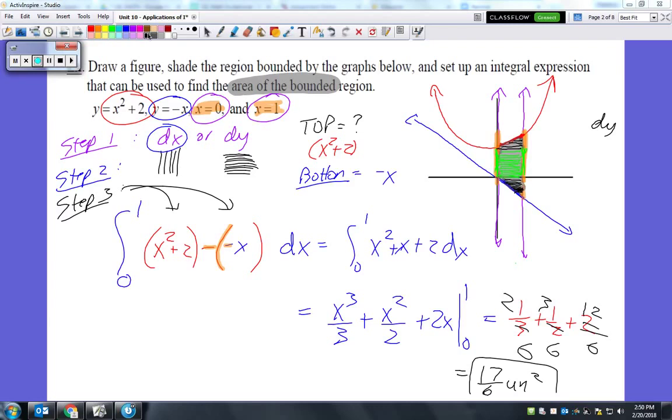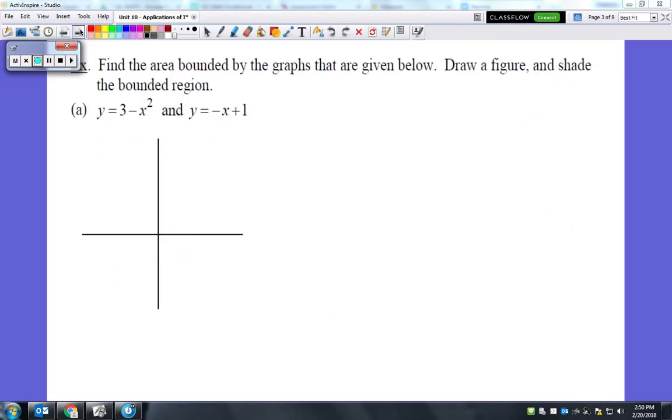Okay? Alright. Let's do this one. We have 3 minus x squared, which is a quadratic that's been flipped down and shifted up 3 units. Okay, let me draw that a little bit better. And then we have negative x plus 1, which is a slope of negative 1 but shifted up 1 unit.